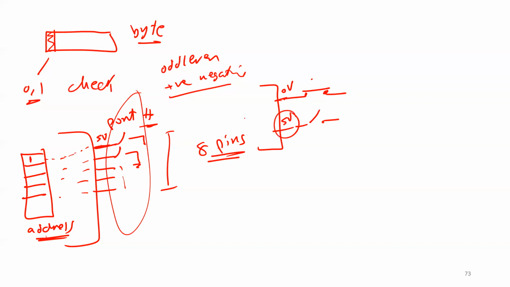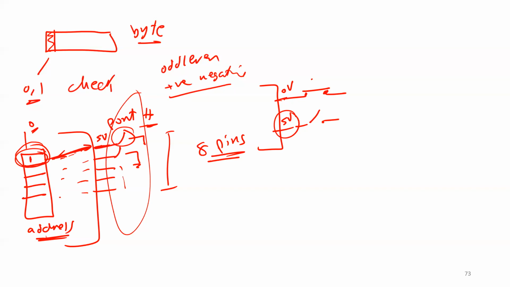I'm gonna design the external circuit this way. That means if I check this bit and I find this bit 0, what does it mean? It means the switch is connected, right? Every switch is gonna have a corresponding bit, okay?